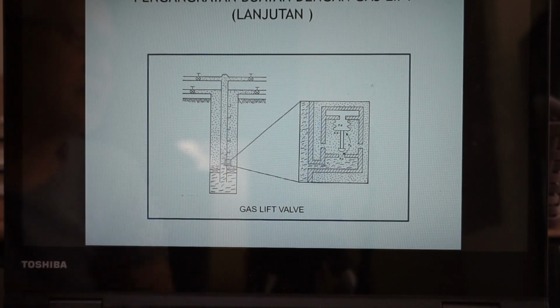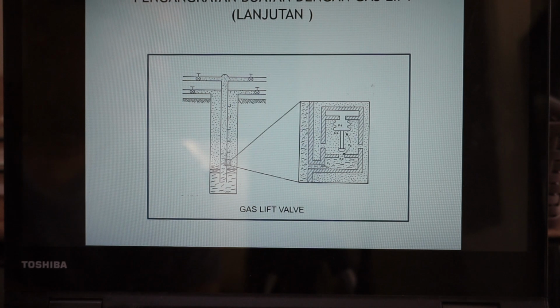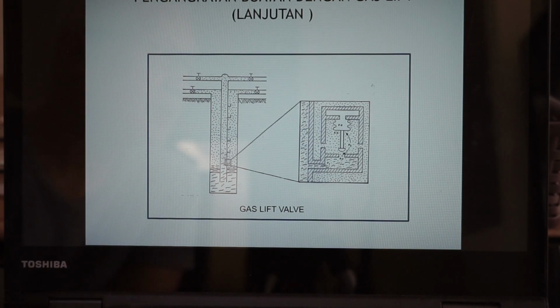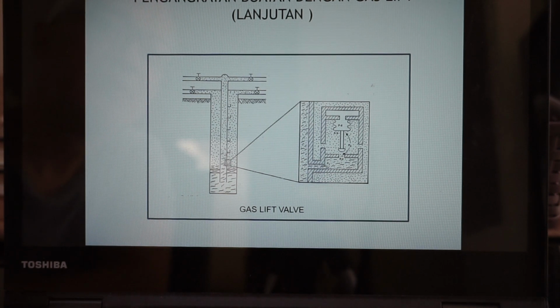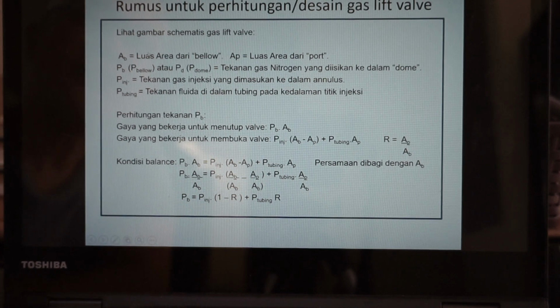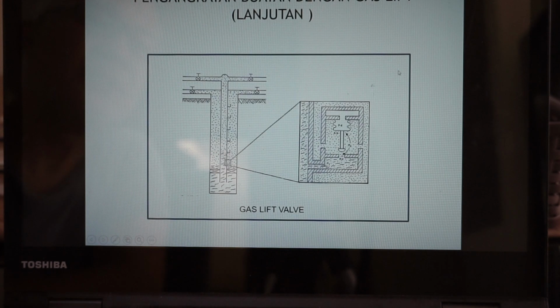Before we install it in the bottom, we fill nitrogen at the surface in the shop, in order to have it work at the pressure in the bottom. PD is the pressure of the nitrogen filled in the dome.